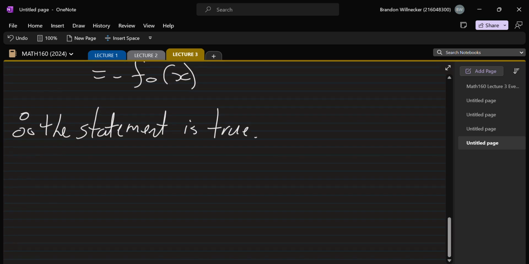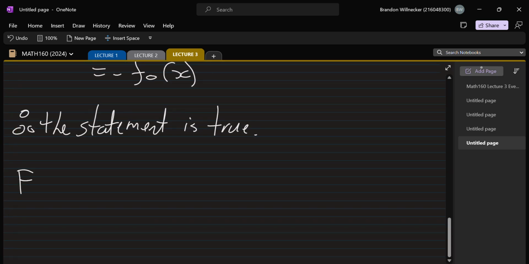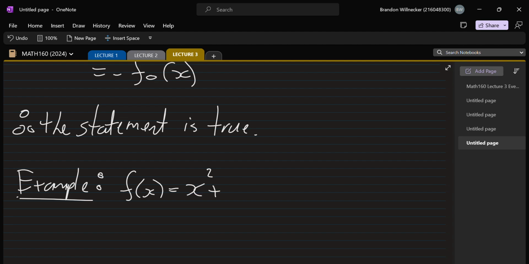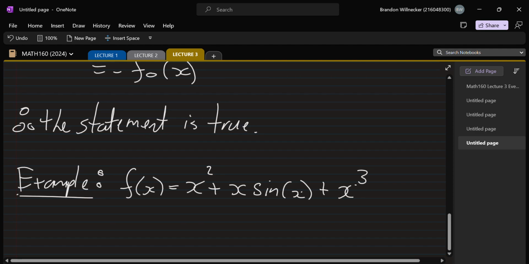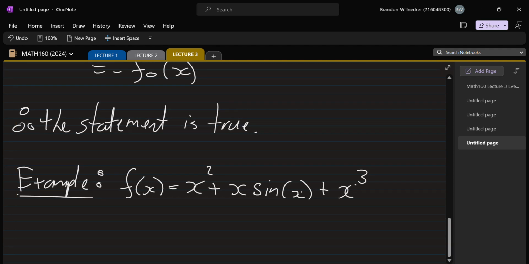Okay, let's have a look at an example. So here, just a crazy function I made up. We want to show, can we write this as an even part and an odd part?